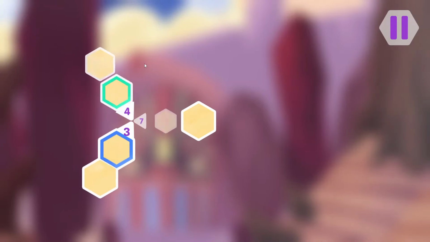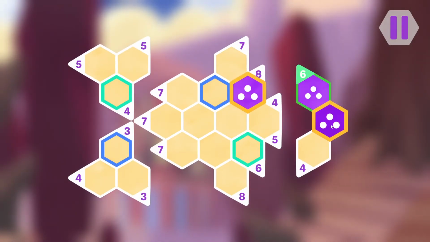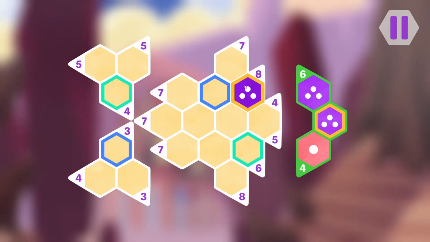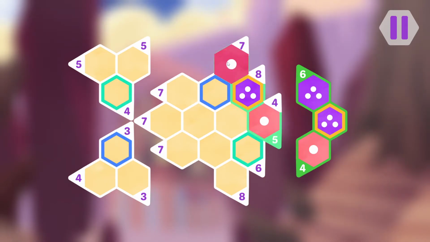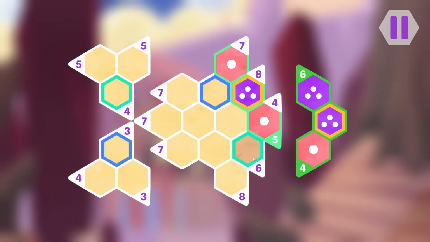And last one in this section. 3 and 3, 1 here. What else we have? Oh, we have 5 here, so only 1 remaining. So 1 here and 1 here. This is at least 2.